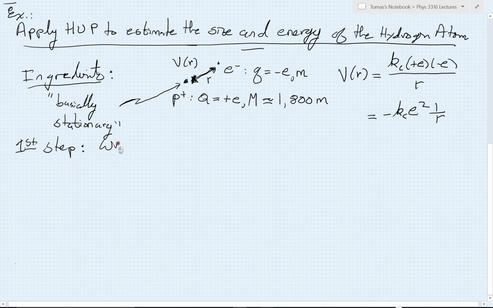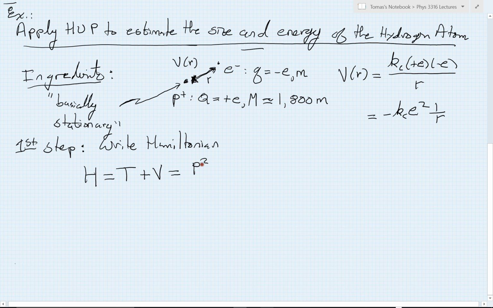So we're going to write down the Hamiltonian. And we know what the Hamiltonian is. It's just the total energy of the system, where we write the total energy in terms of the momentum. The total energy is, of course, kinetic plus potential. For the kinetic energy, as we've said, we can treat the proton as basically stationary, so we only have the momentum of the electron to worry about.